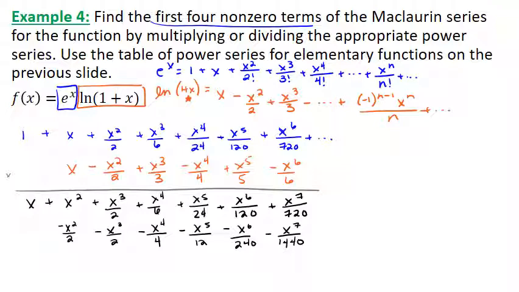Now we're going to go here. Multiply it by everything. When I multiply this by 1, I get x cubed over 3 plus x to the 4th over 3 plus x to the 5th over 6 plus x to the 6th over 18.